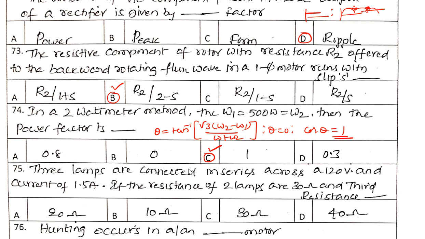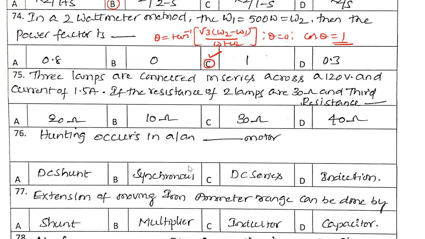Next question. Three lamps are connected in series across 120 volts with a current of 1.5 amperes. The resistance of two lamps is 30 ohms each and the third resistance is R. So simply, one lamp is there, another lamp, another lamp: 30, 30, and let it be R. The voltage is 120 volts and the current is 1.5 amperes.